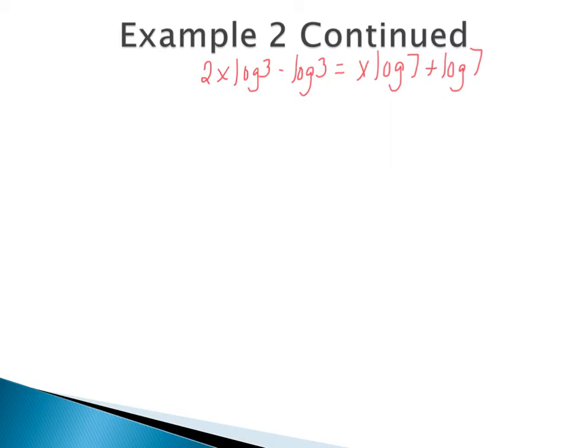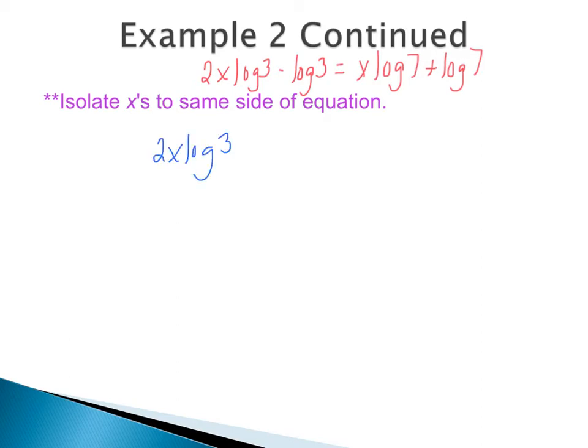At this point now we need to continue to solve for x. What that means is that we need to get any of our logs that have x's on the same side and any of our logs that don't have x's on the other side. So I'm going to move over my x log 7 first, so that I have 2x log 3 minus x log 7 minus log 3 equals log of 7.